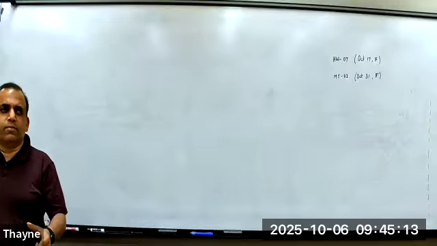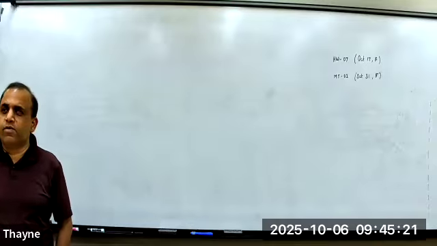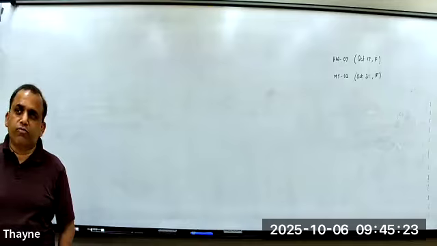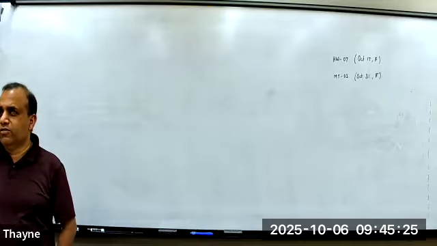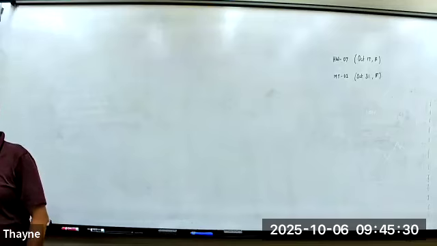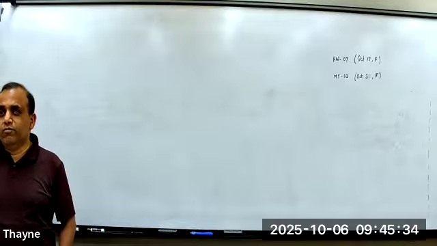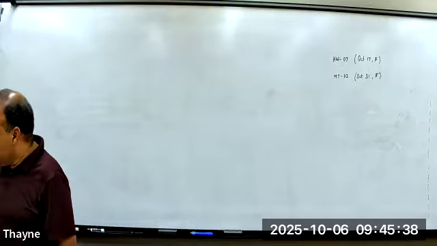We want to do the same thing in the case of Fourier transform also. The basic idea is that any vector in 2 dimensions can be written in terms of unit vectors i hat and j hat. Similarly, any function can be written in terms of Fourier eigenfunctions. So that's the idea we want to build.